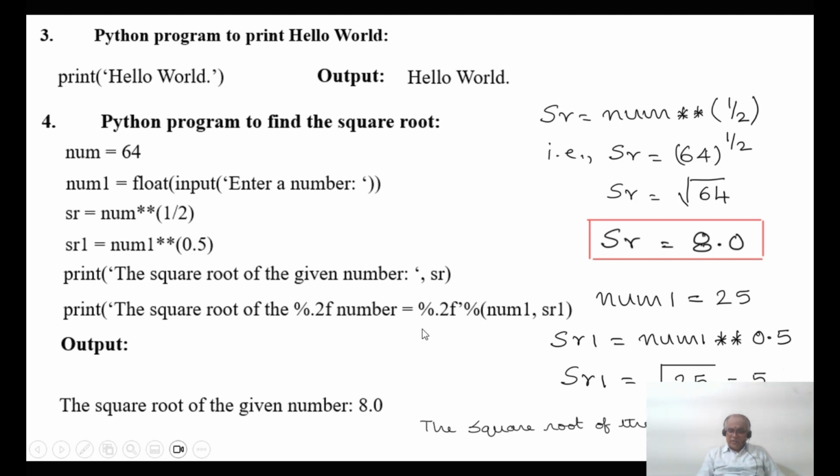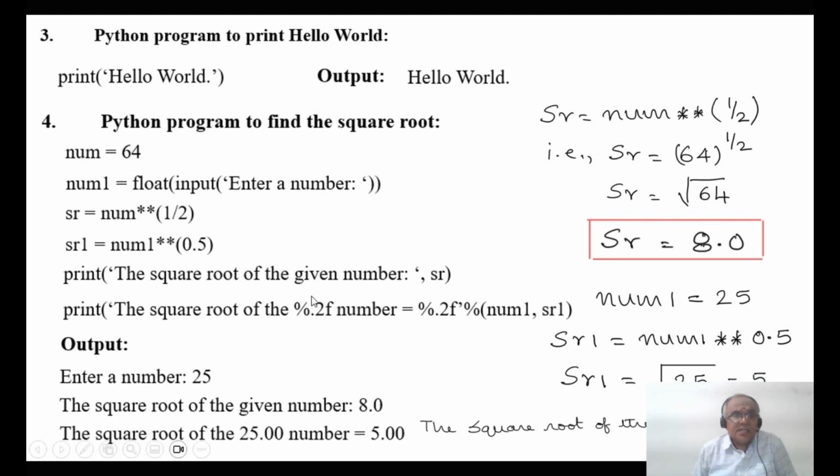That is how you will be able to execute it. The enter a number is 25. So the square root of the given number is 8, because this is the one which is going to be displayed. And you have one more: the square root of the number, which is the number percentage point 2f. What is that? That is 25, what I have entered. Since it is the number of digits after the decimal point, it will be 25.00.